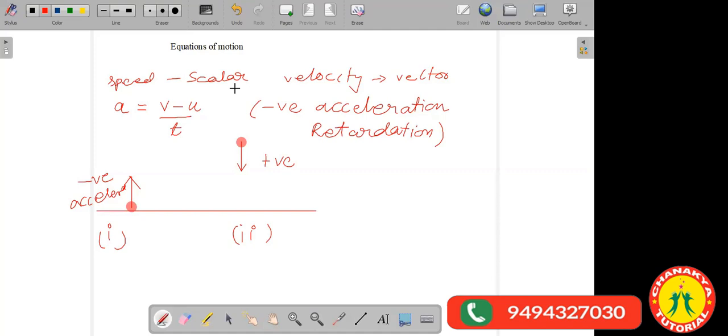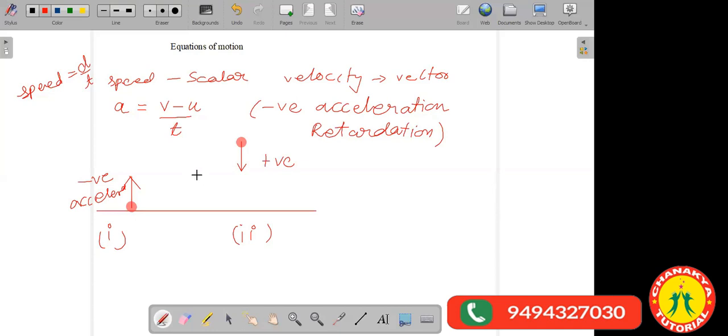Equations of motion mean, how do we find out how much time this ball will take to come to the ground, since the speed is not constant? Up to now we only used the formula speed equals distance over time, and using this formula we find distance, time, and speed. But here speed is not constant, its velocity is changing.